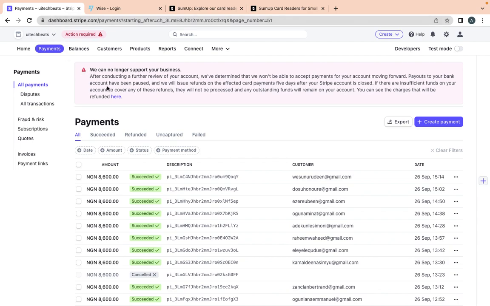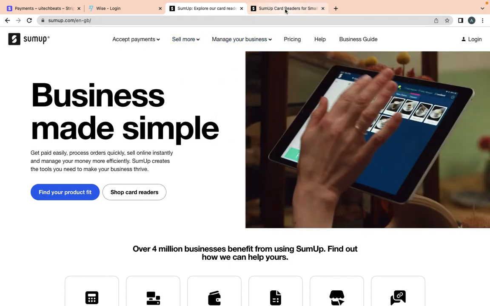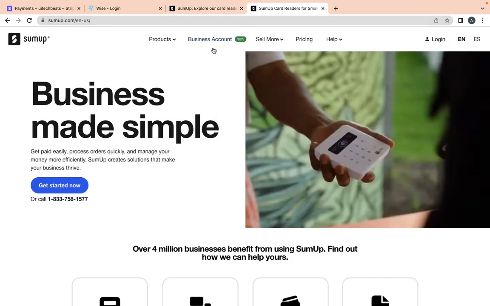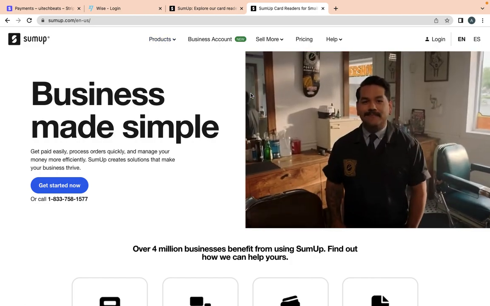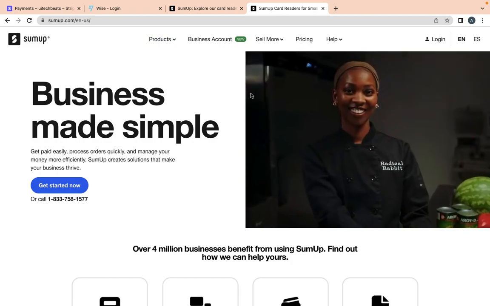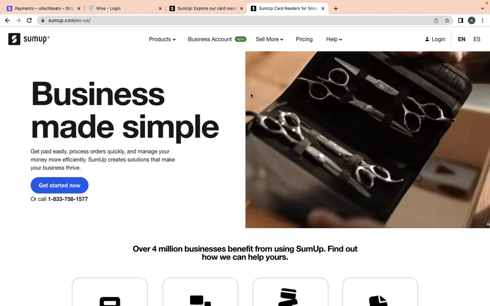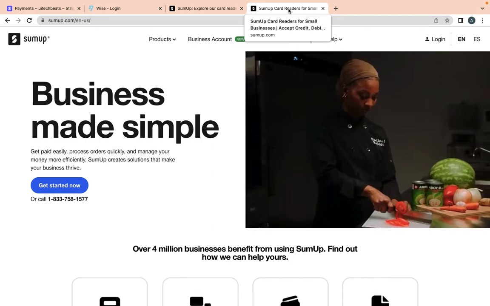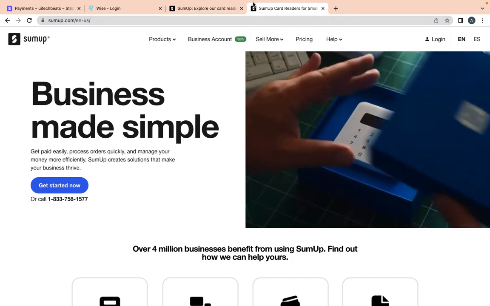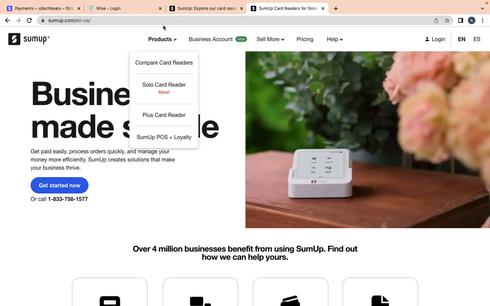So you can ask someone in the UK to register for SumUp.co.uk, if you have your business details. And for SumUp.com, the person registering needs to have an SSN.